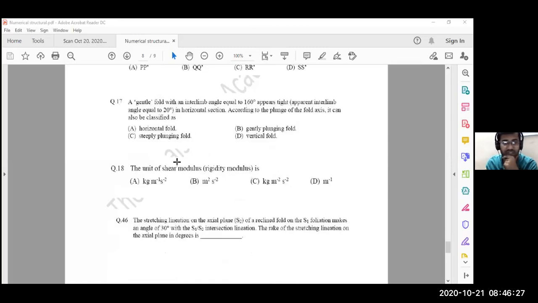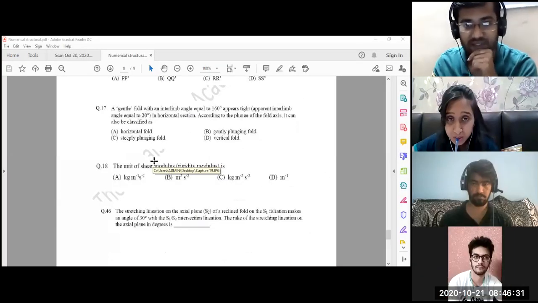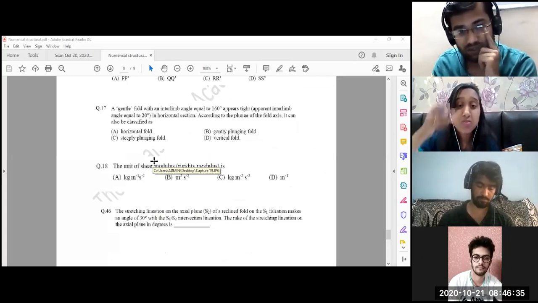A gentle fold with an interlimb angle equal to 160 degree appears tight. Apparent interlimb angle equals 20 degree in the horizontal section.